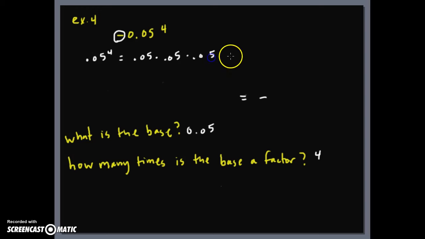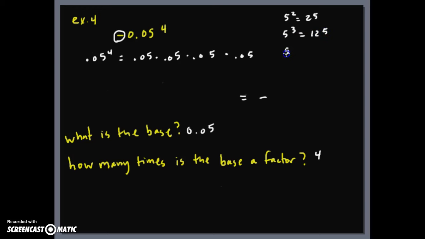Now, if we're going to try to multiply this out on our own, then we're going to take 5 to the fourth power, and then we'll add in the decimal places at the end. So 5 to the fourth power, well, 5 squared would be 25, right? 5 cubed would be 25 times 5, which would be 125.